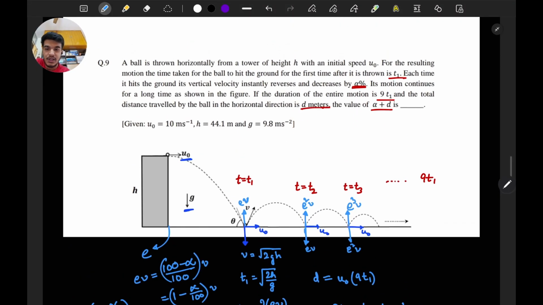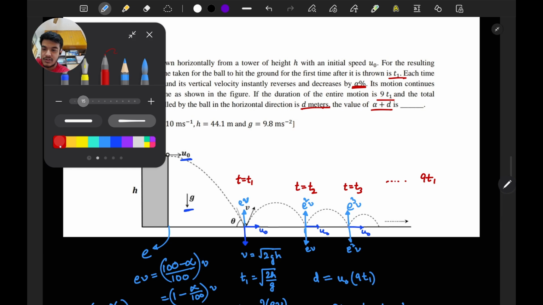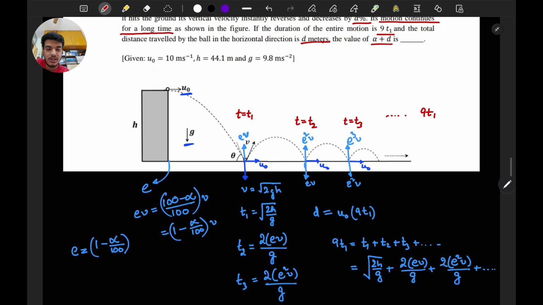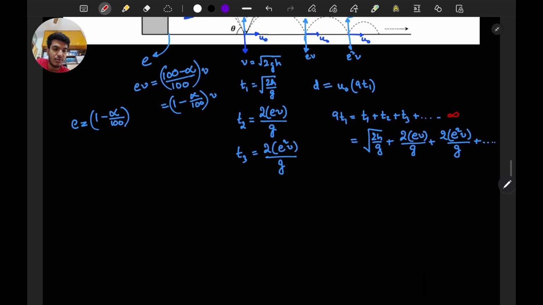It has already been said in the question that the motion continues for a long time, and this long time has been given as 9t1, so we can easily say that this series goes on to infinity.